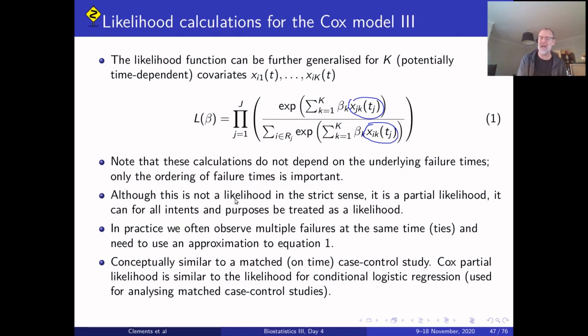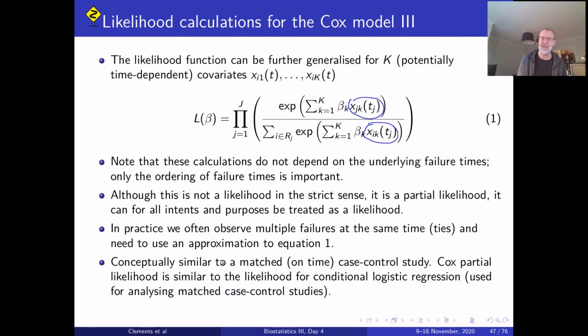Although this is not strictly a likelihood, it is a partial likelihood, and actually has all of the properties of a full likelihood. If we do observe multiple failures at the same time and we have ties, then we will need to use an approximation to try and tease apart what would have come first.